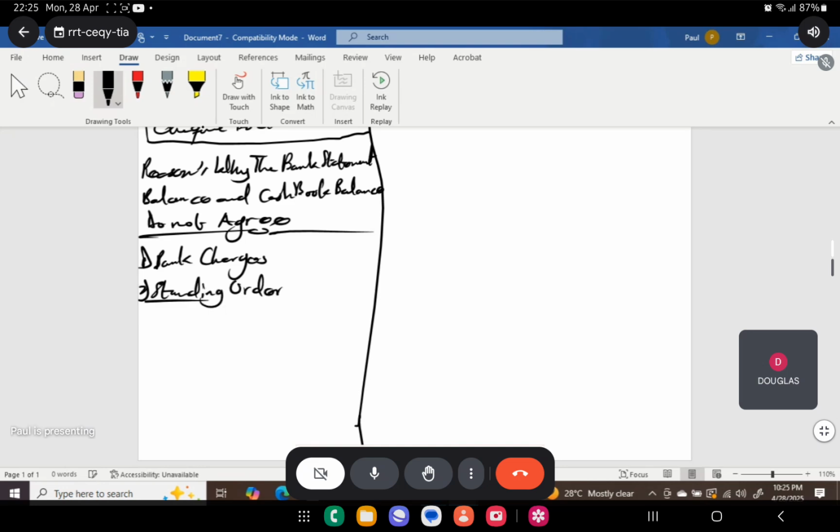Now, standing. When we say an order is standing, it means that the order is still valid, still authorized. This is when the current account holder authorizes the bank to make periodic payments on his behalf.